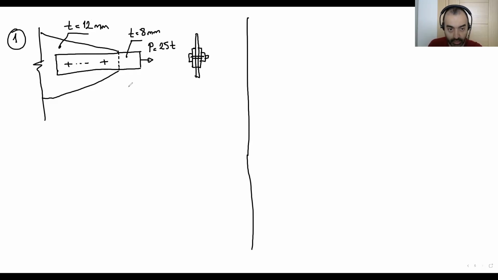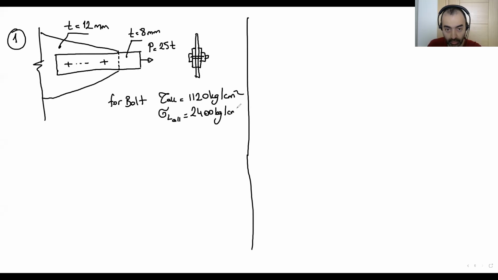So all the other unknowns, allowable stresses for bolt, so allowable, and force T, sigma allowable is. Okay.